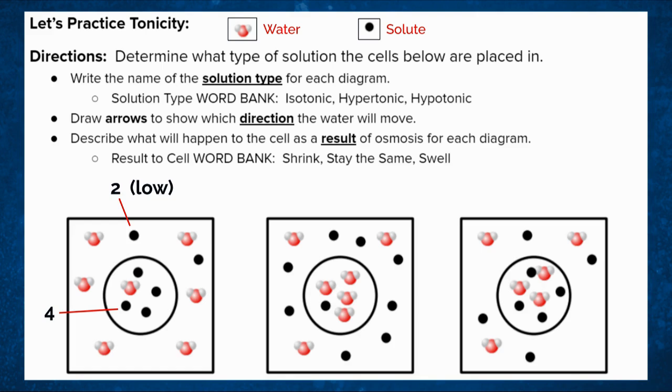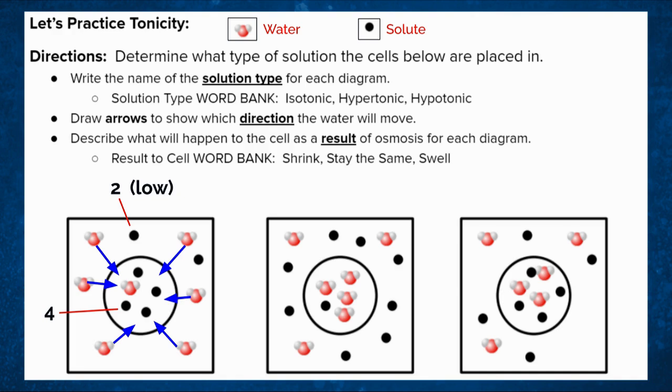And remember, diffusion is when particles move from a greater concentration or higher concentration to lower concentration. Osmosis deals with water. So if water was to move from a higher concentration to lower concentration, the water particles are greater on the outside. So water is going to start to move in.